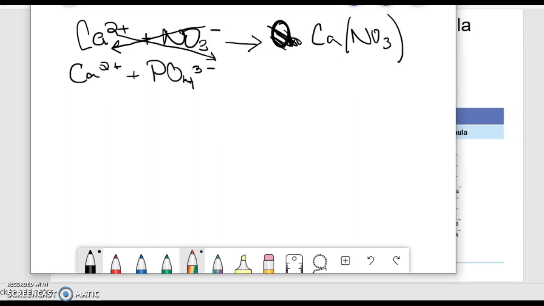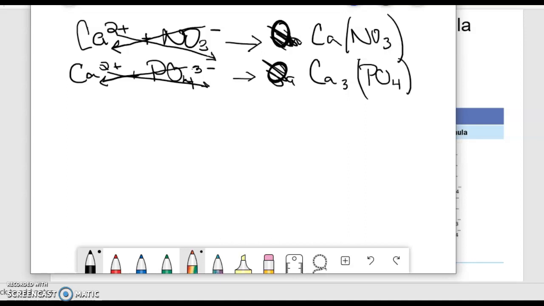It's a polyatomic ion. I need to show that there are 3 calciums, and I need to show that there are 2 phosphates. So this becomes Ca 3, and I need to show that there are 2 phosphates, so that is PO4, and show that there are 2 of them. The name of this is calcium phosphate.